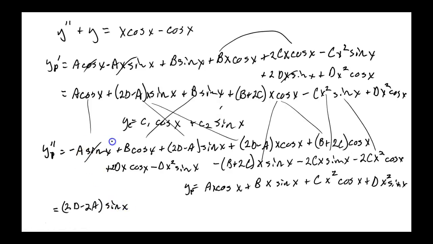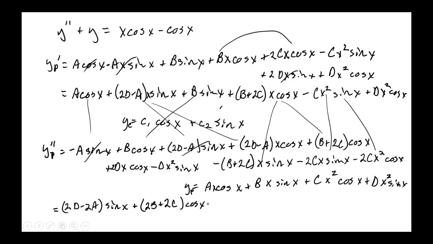Okay, that takes that one and that one. Okay, the cosine x terms. That's going to be 2b plus 2c times cosine x plus 2b plus 2c cosine x. Okay, those are those two terms. That's that one and that one.